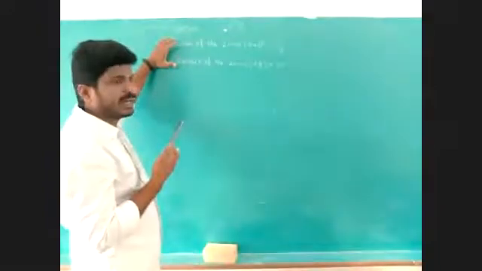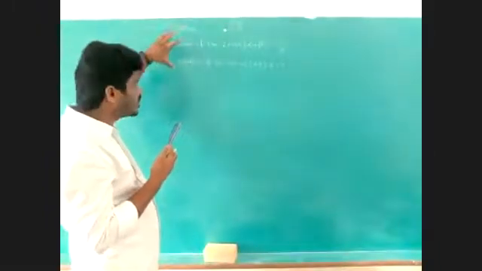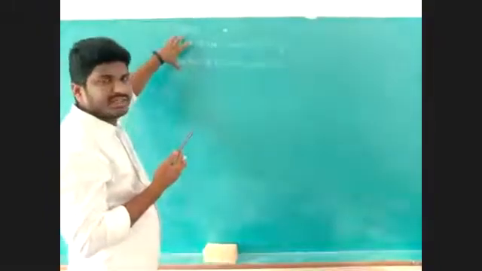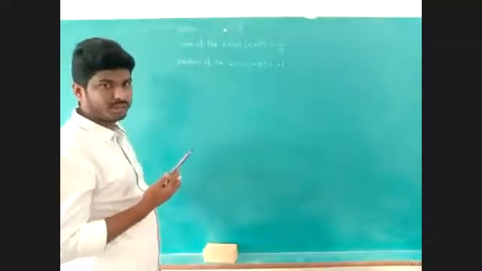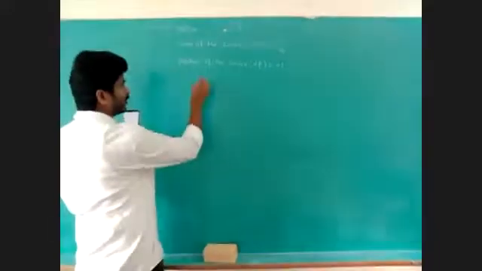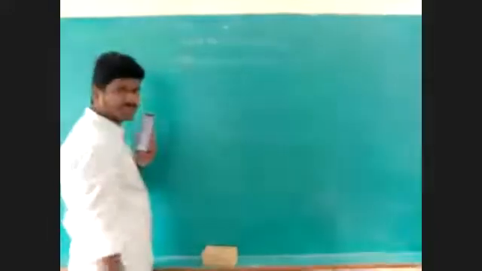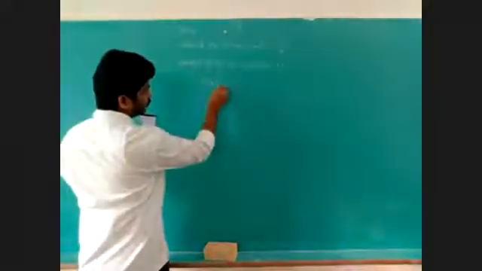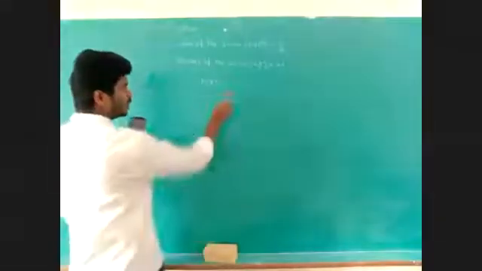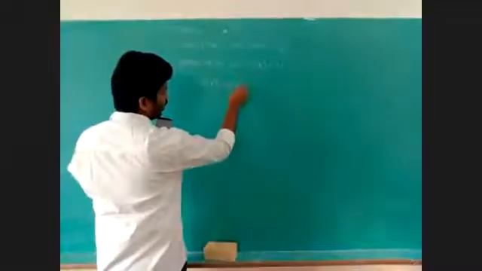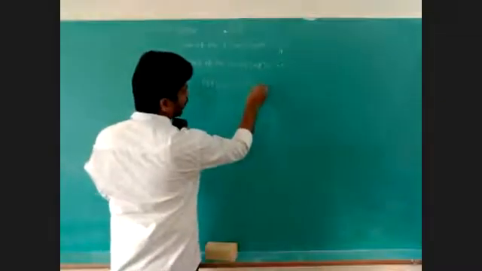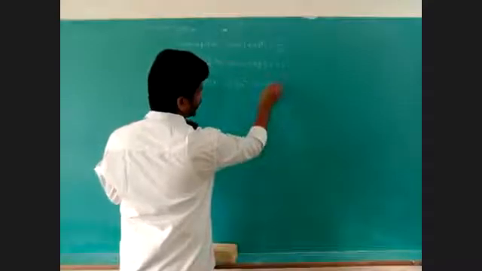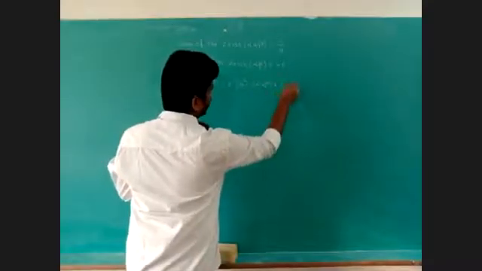So by using these two conditions, alpha plus beta and alpha into beta, write the required quadratic polynomial. The general form of the quadratic polynomial when the sum and product of the zeros are given is P of x equal to k into x square minus alpha plus beta into x plus alpha into beta.